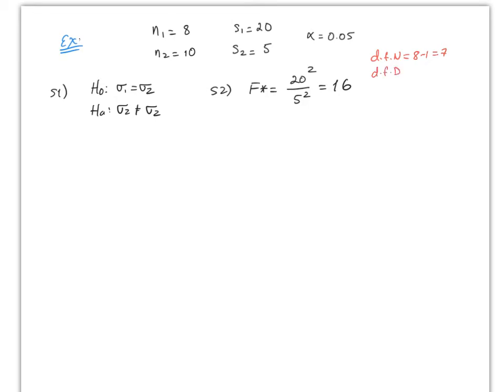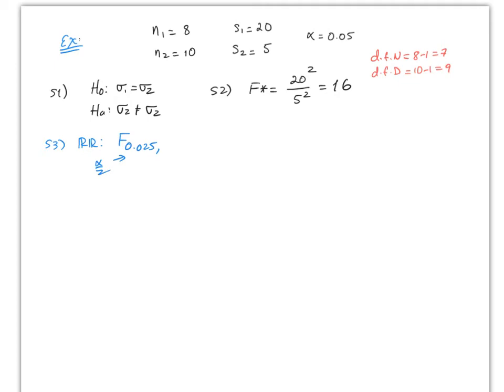And the degrees of freedom for the denominator is going to be 10 minus 1, which equals 9. So for step 3, the rejection region is going to be F of 0.025, remember alpha divided by 2.